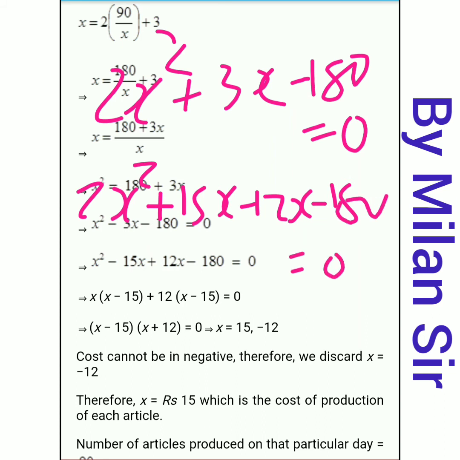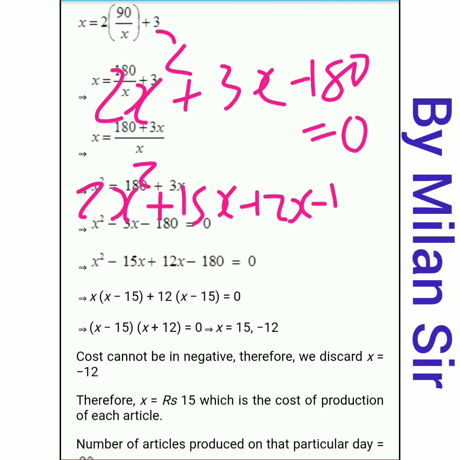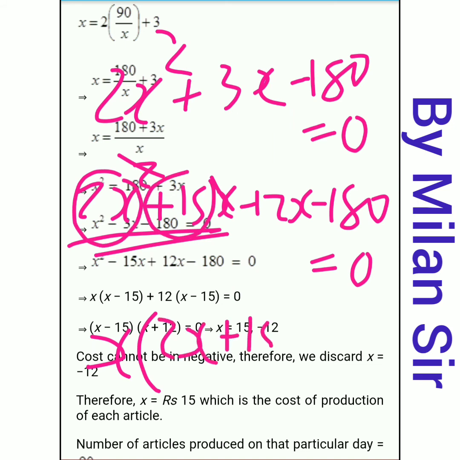Now from the first two terms we can take x as a common. So we take x out from the first term and from the second term. Here we have 2x and here 15 is remaining, so 2x plus 15.